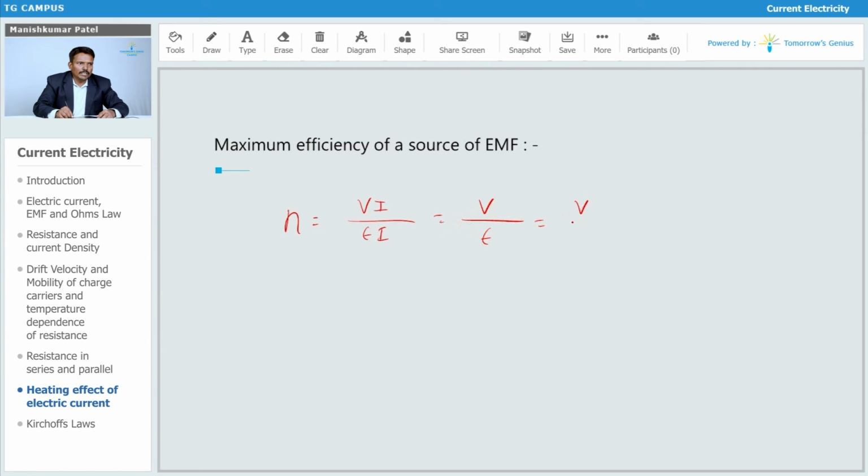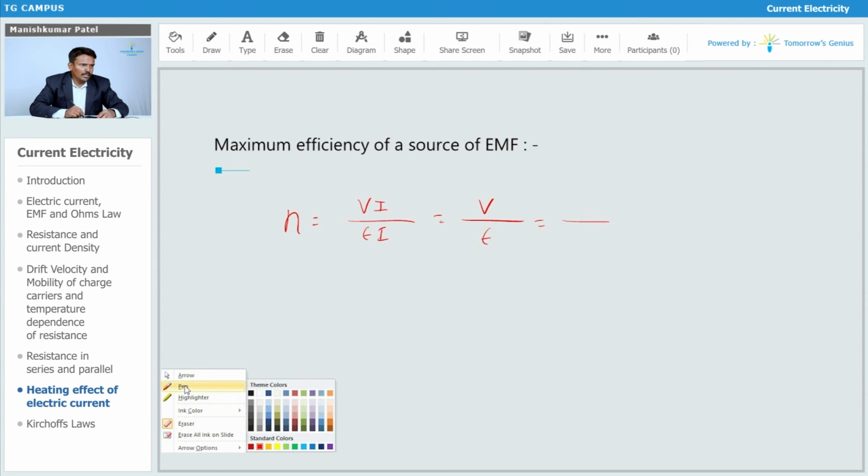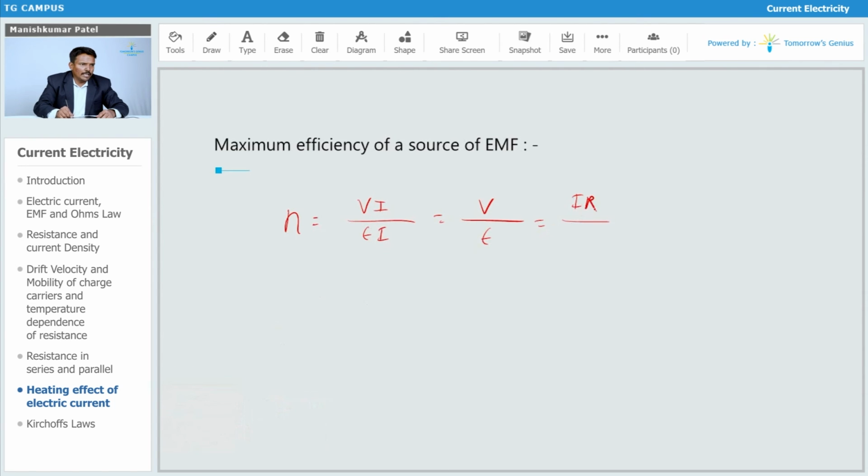Further, V is equal to IR, and epsilon is I times R plus r, so the efficiency is R upon R plus r.